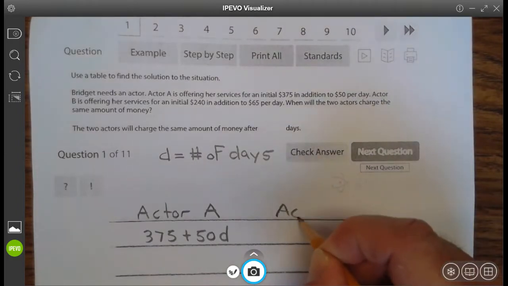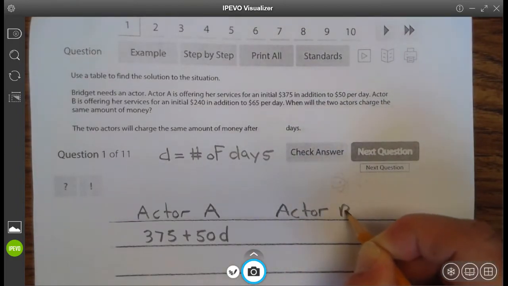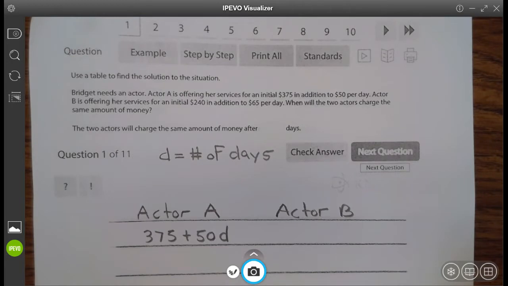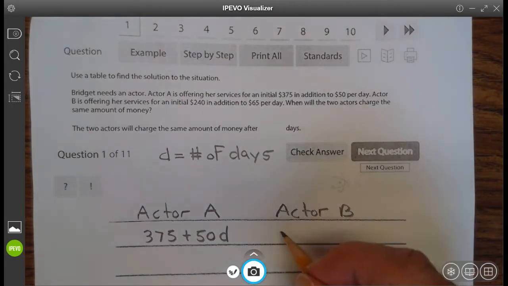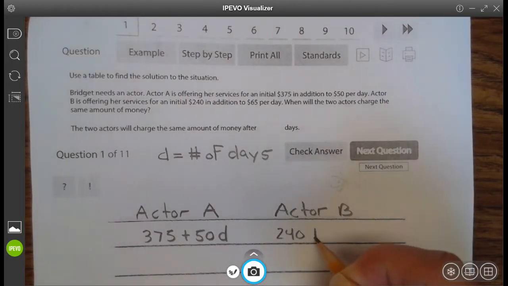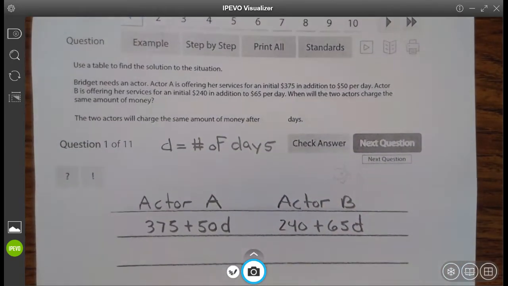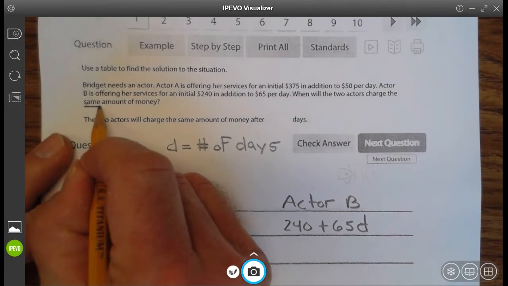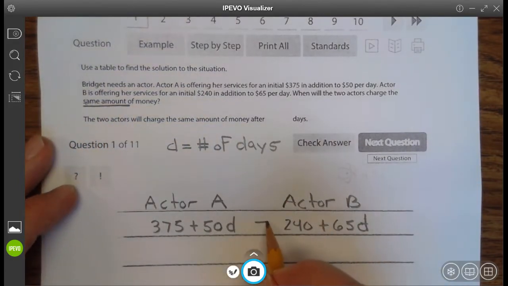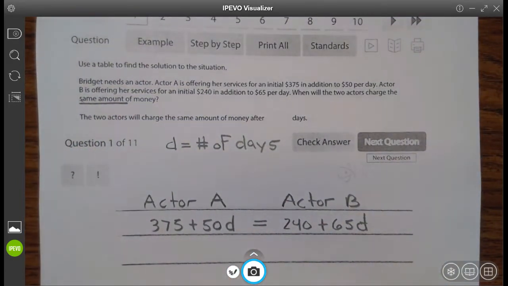And then actor B is offering a service for initial $240 plus $65 per day. Now we want to find when it's the same amount. So we're going to set the expressions equal to each other.